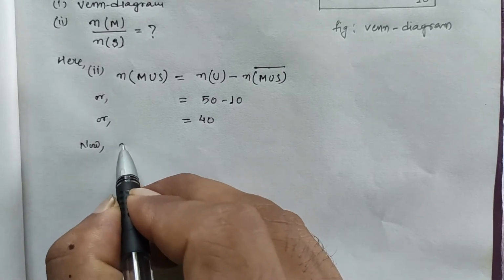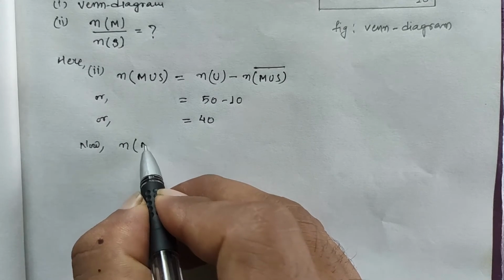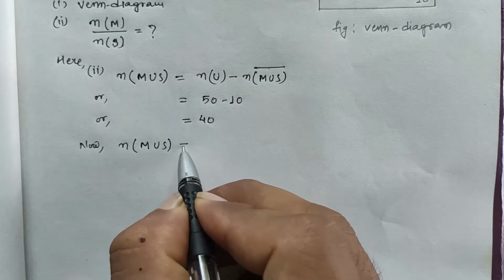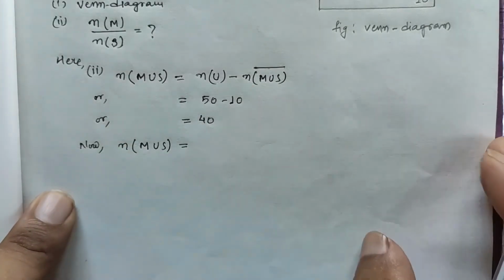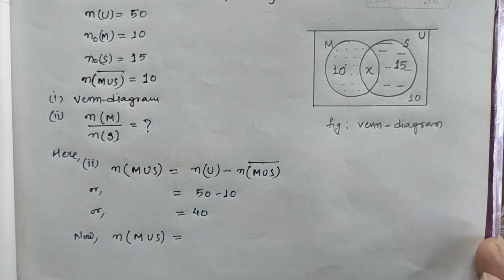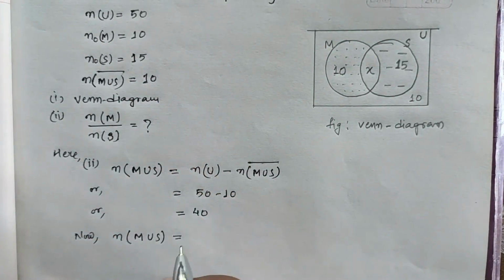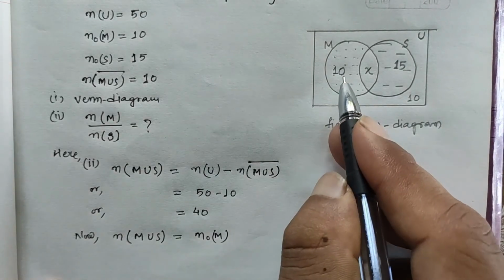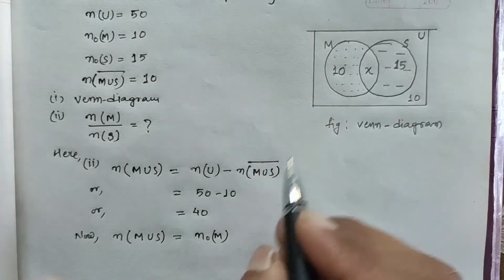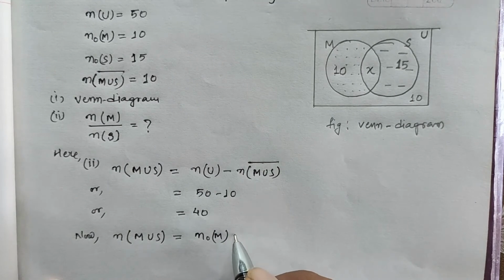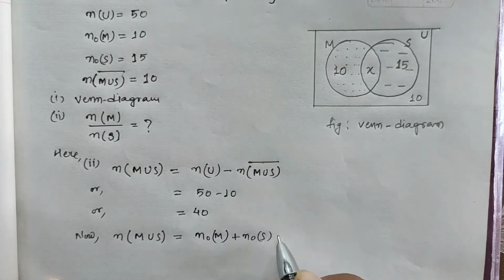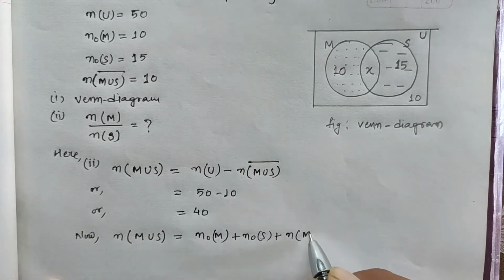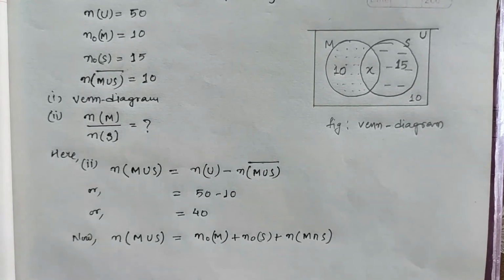Now again we use the union formula to find the intersection. We have another formula for when only parts are given, as we have already done a question in which only is given. So what is the formula? n only M plus n only S plus n(M intersection S).